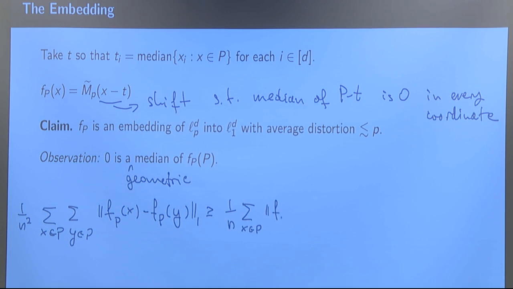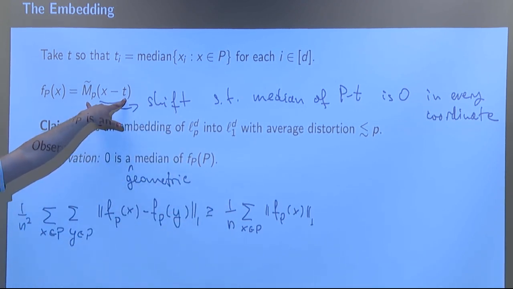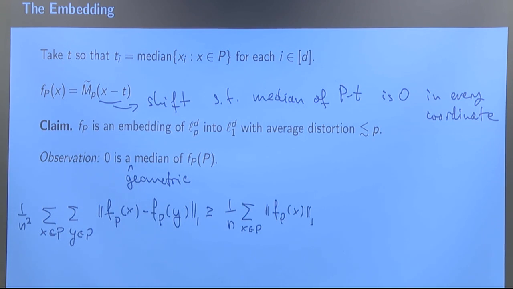I should keep track of which norm is where. Good. But now I know this rescaled Mazur map exactly preserves distances to 0, right? So I know the norm of this is exactly the LP norm of that.